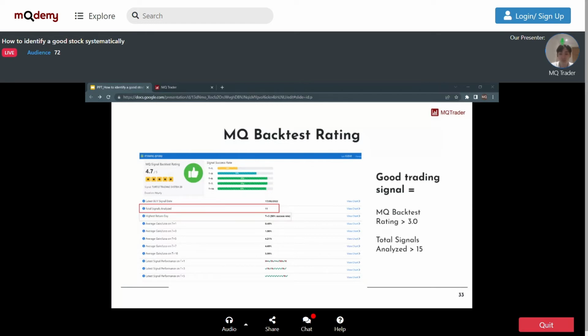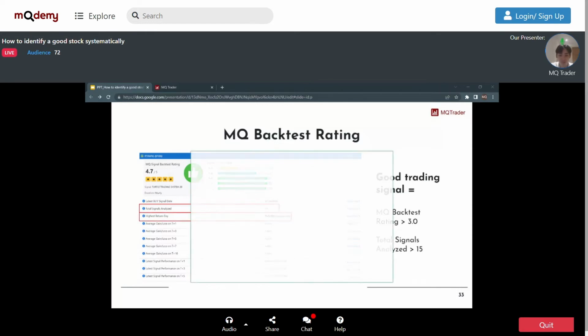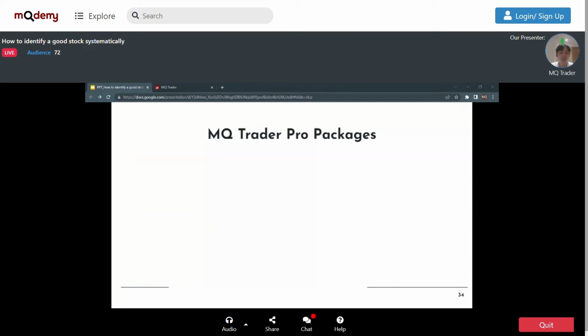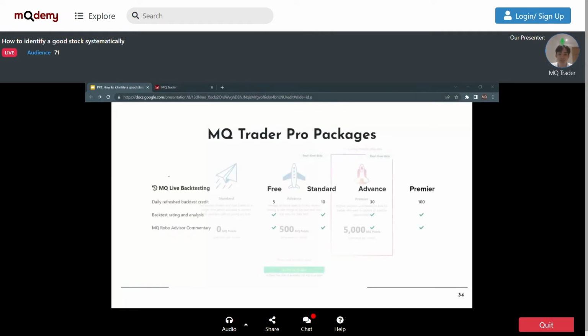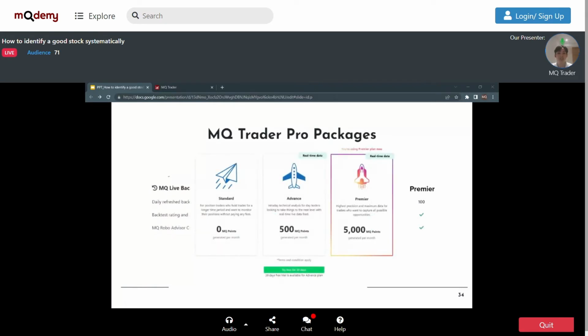In our system, you can use one backtest credit to do one MQ backtest. Just to notify that if you are an MQ member trader, you can use different amounts of backtests for free every day under different packages. For example, the standard is 10 times a day, advanced is 30 times, and premium is 100 times a day.